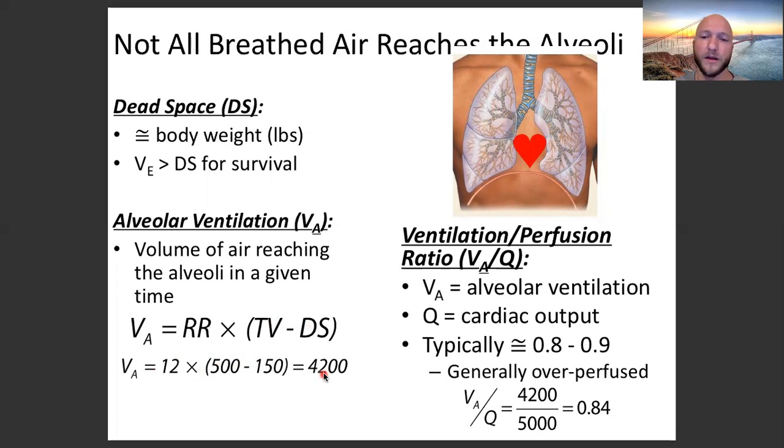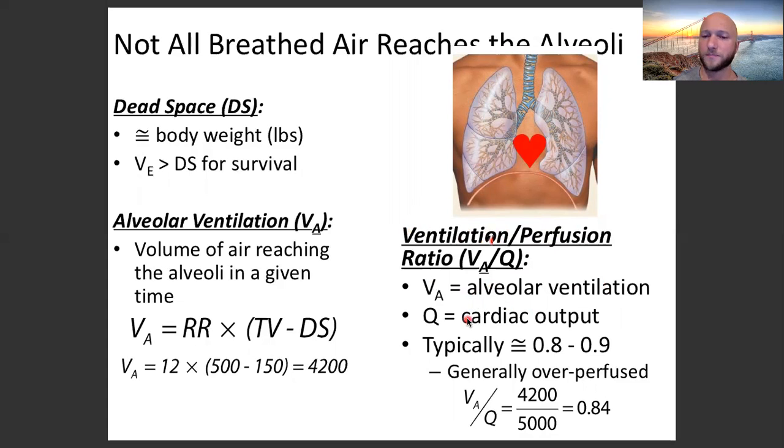Well, let's also take into consideration this idea over here of ventilation divided by perfusion ratio. So perfusion is blood flow to that tissue. So the ratio of air going in and out to perfusion. So AV is alveolar ventilation. Q is cardiac output.